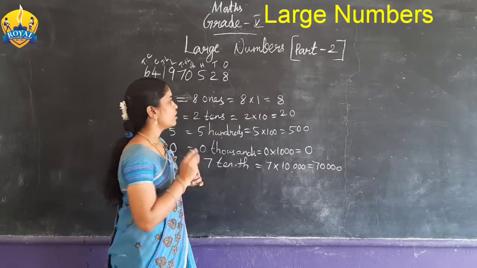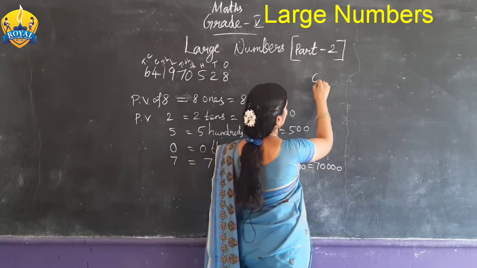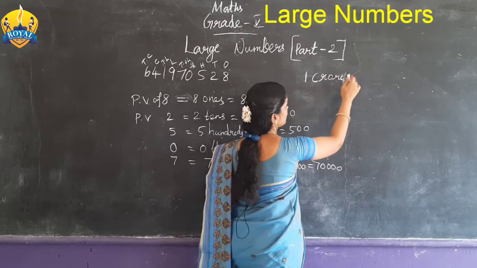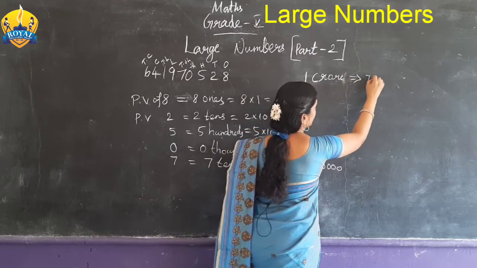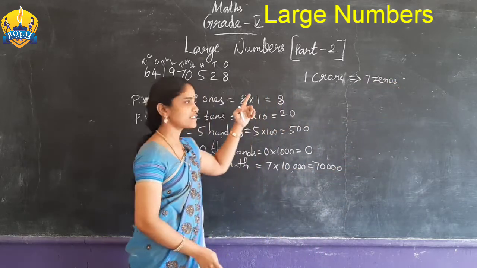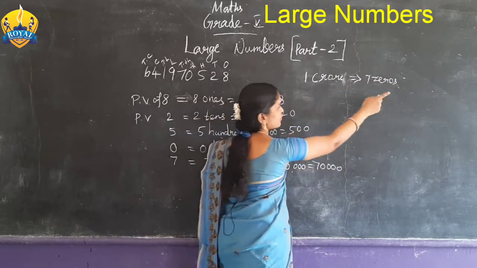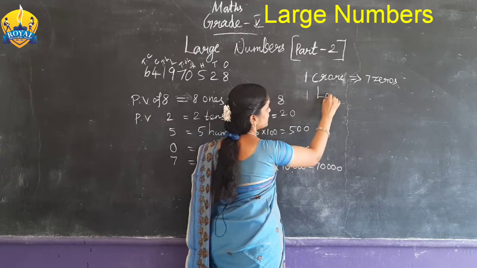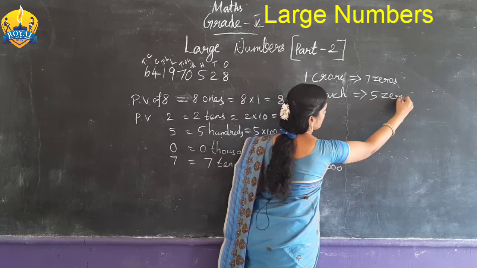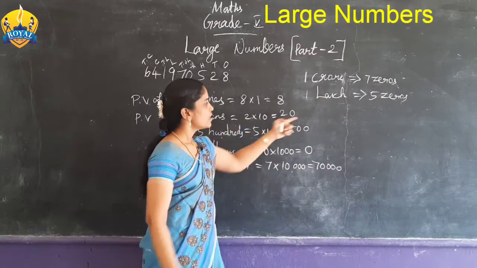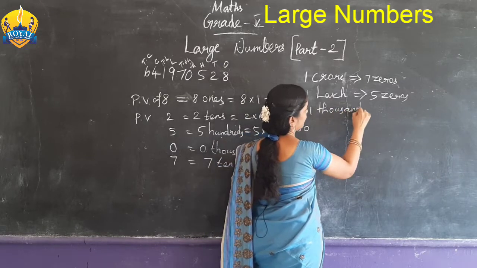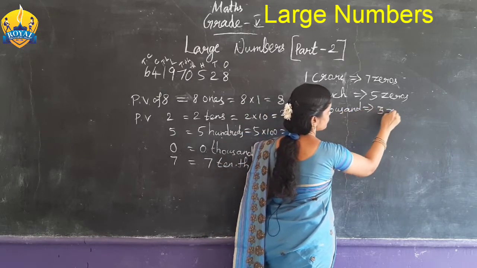Students, look carefully. Important point, listen carefully: 1 crore has 7 zeros, 1 lakh has 5 zeros, and 1000 has 3 zeros.